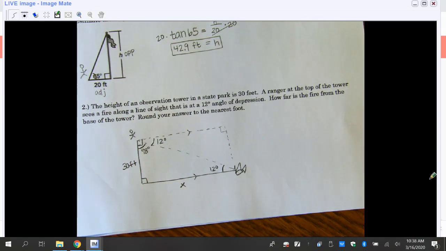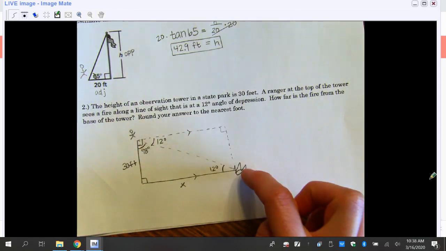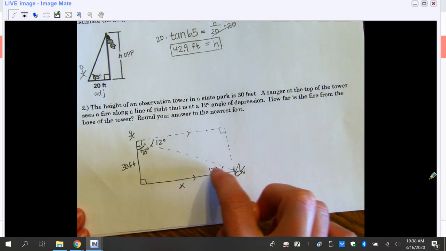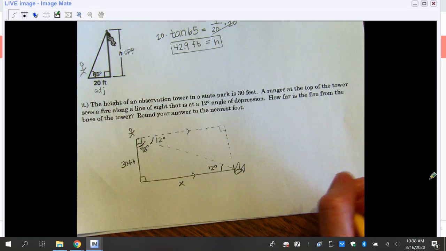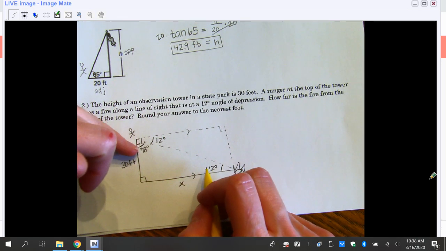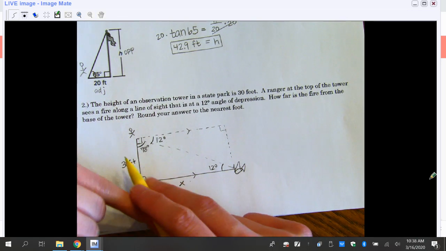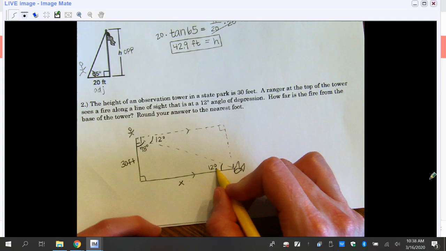So the angle of depression from the horizontal going down is going to be the same as the angle going up from the opposite horizontal. It's always going to be the case. So it doesn't matter whether you use the 78 or the 12-degree angle, because your ratio is going to be flipped. So you're going to get the same answer either way. I'm just going to use the 12-degree angle.